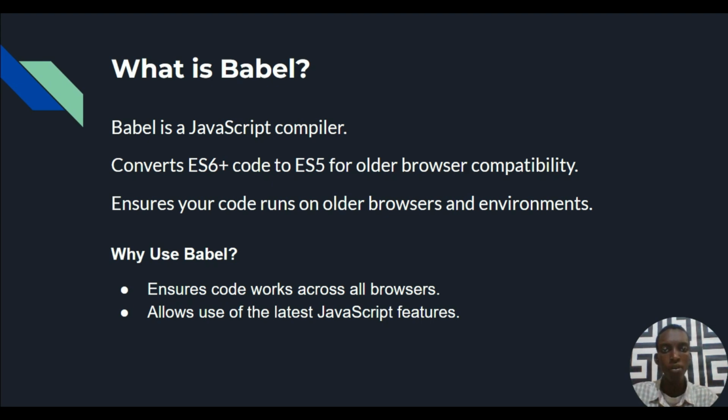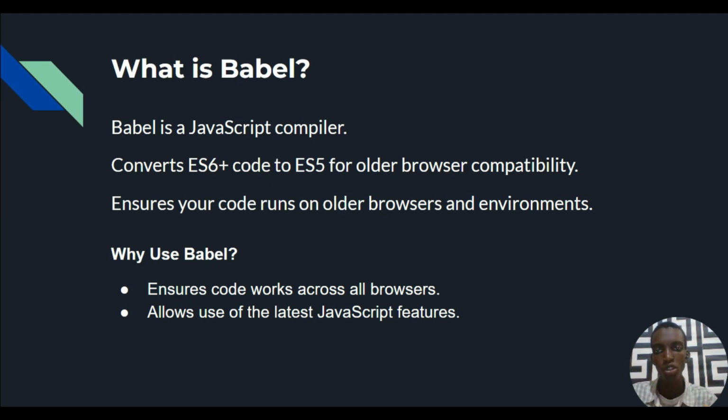Now Babel does something: it converts any new code you're writing so that it works on your browser. It doesn't care how you write it, it doesn't care what you have written already, and it doesn't care which new functions you use.